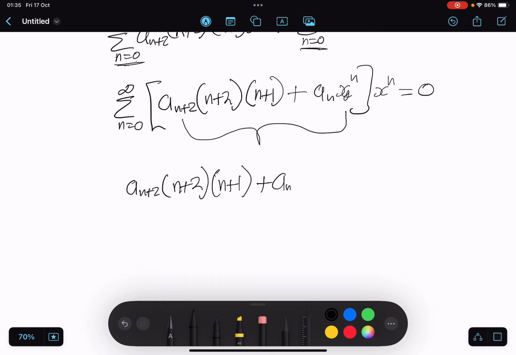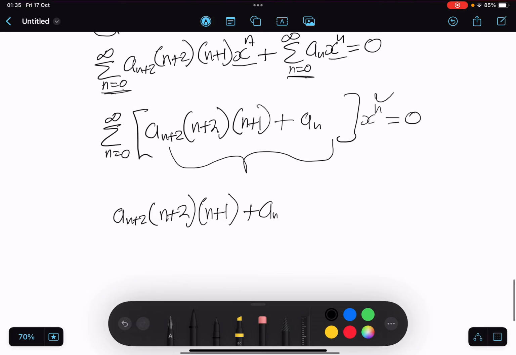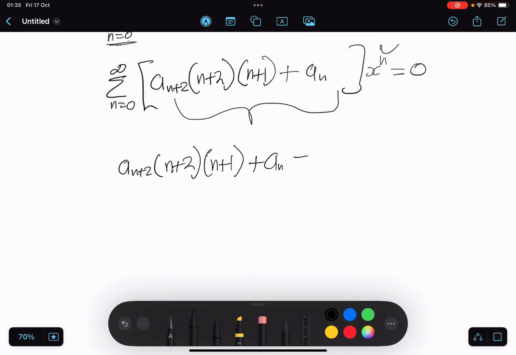Sorry guys, this n shouldn't be here because it was factored out. So this is a_n, and this is supposed to be 0 in order for this entire equation to be true.